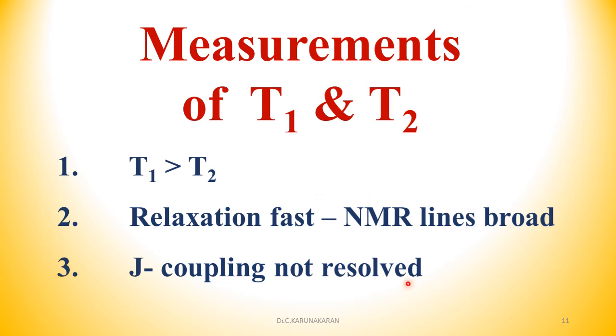As a consequence of T1 and T2, if the relaxation times are so fast, then J coupling is also not resolved. Therefore, the structure could not be elucidated using NMR if T1 and T2 are short.